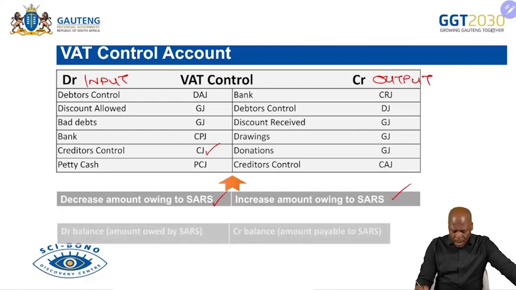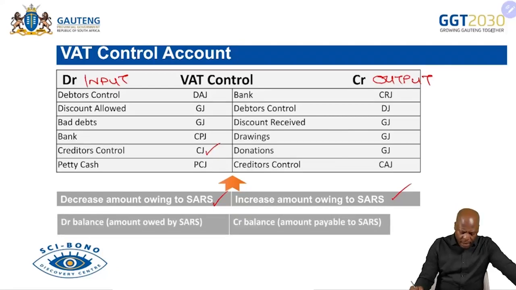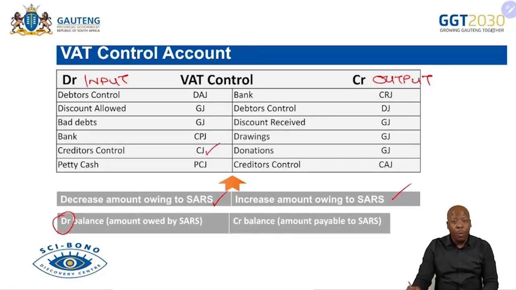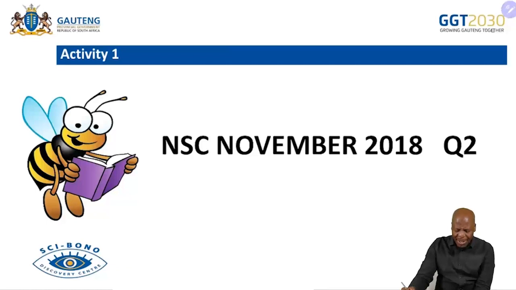It is also very important for you to understand that when we are finished our VAT control account, if our account has a debit balance, this is the amount owed by SARS. We are being owed by SARS. It becomes a receivable. But if the balance is credit, this is the amount payable to SARS. We are owing SARS.